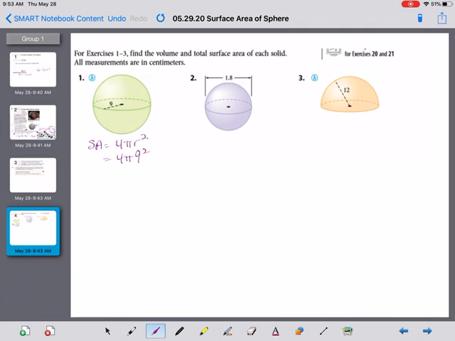And we'll just round it to the nearest tenth, centimeters squared. In the Go formative, you don't write the units, you just round to the nearest tenth. And then the volume is 4/3 pi r cubed, so 4/3 pi 9 cubed.